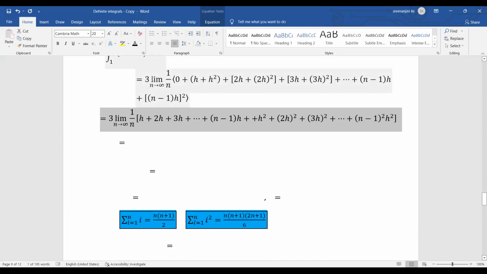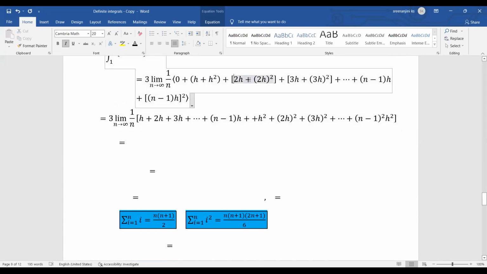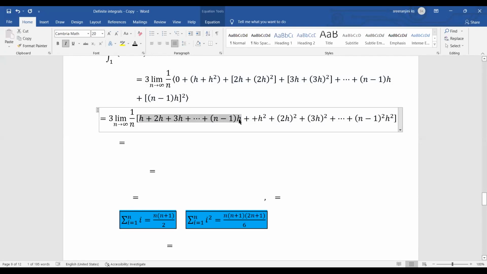So 3 into limit n tends to infinity, 1 by n. And we have terms of h and h square. I'm grouping terms of h and terms of h square. So first term 0, leave it. h plus 2h plus 3h plus etc. plus (n minus 1)h.